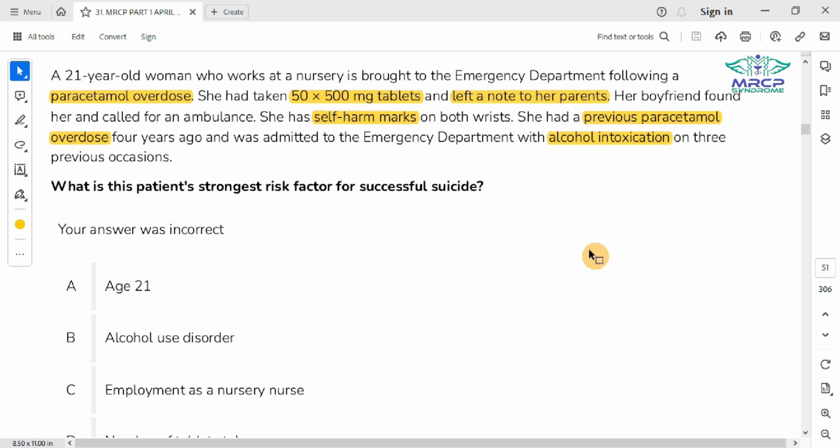She had taken 50 500 milligram tablets and left a note to her parents. Her boyfriend found her and called for an ambulance. She has self-harm marks in both wrists. She had a previous paracetamol overdose 4 years ago and was admitted to the emergency department with intoxication on 3 previous occasions. So what is the patient's strongest risk factor for successful suicide?